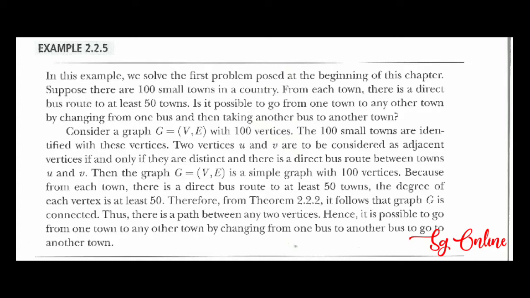And then one asks how many direct route buses are to be incorporated so that one can travel from one town to another by, if possible, changing buses. What you require is a network of this bus route that is nothing but connected. So you want the whole system to be connected, and then the theorem says that if there are 100 towns, that is, 100 vertices, then you have to just make the degree of each vertex at least half of them.